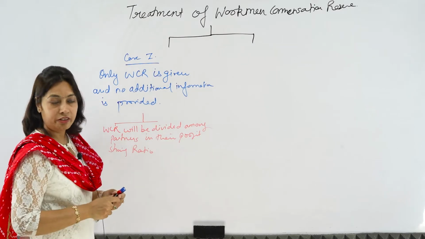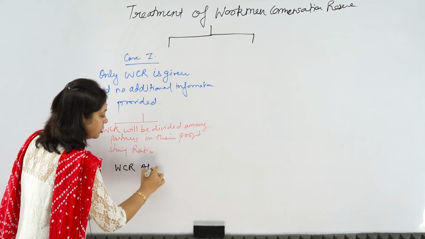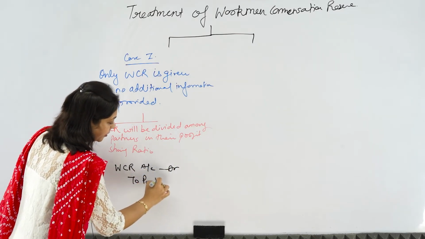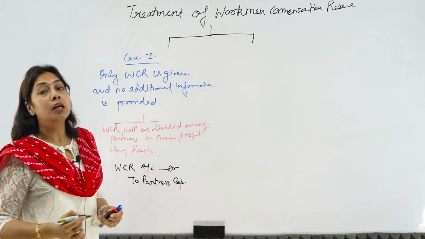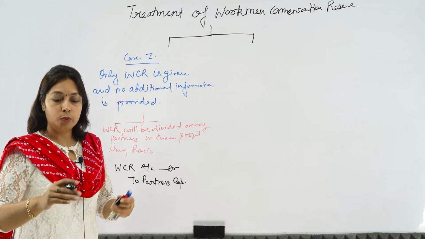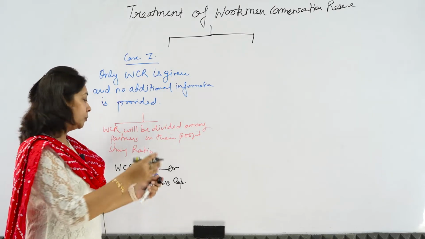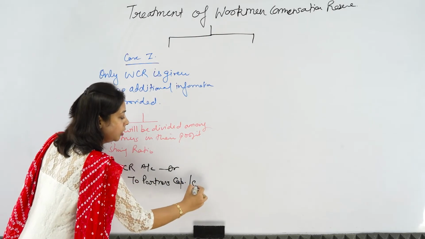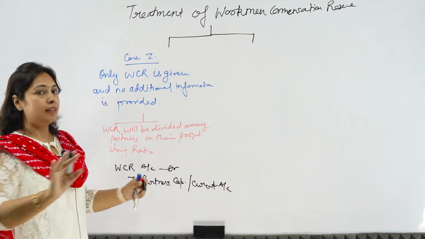Workmen compensation reserve account debit, to partners capital or current account, depending. If the partners' capital accounts are fixed, it will be distributed in current accounts, and if the partners' capital accounts are fluctuating, it will be distributed in partners' capital accounts itself. So to partners capital or current account. Got it? Nothing else is to be done.